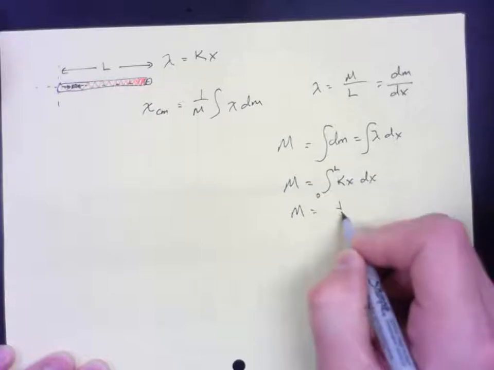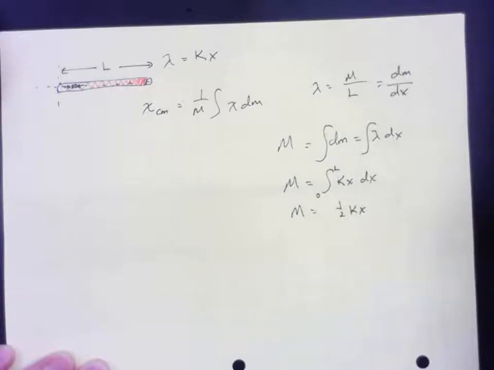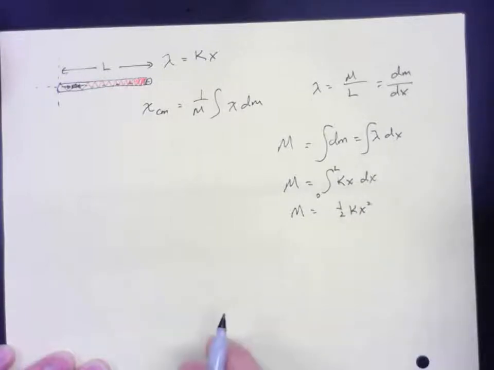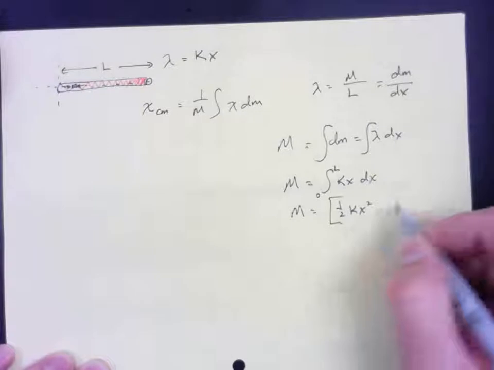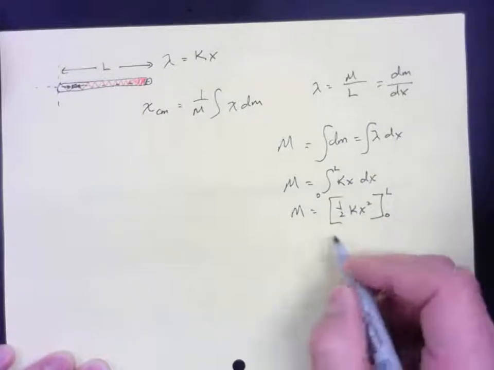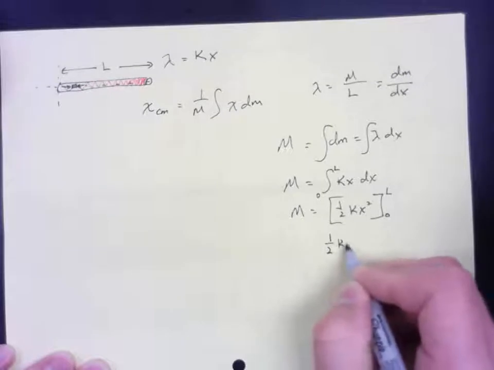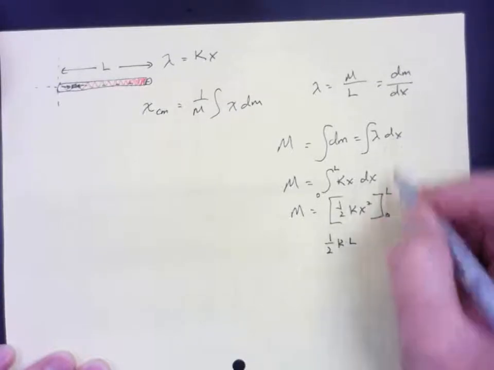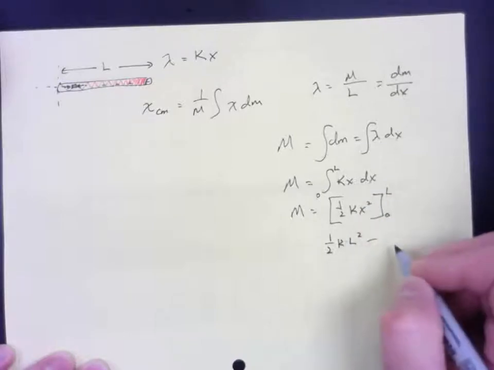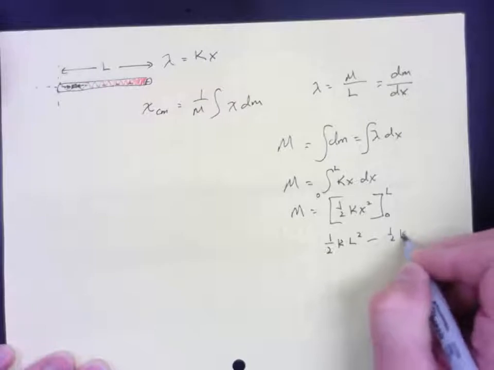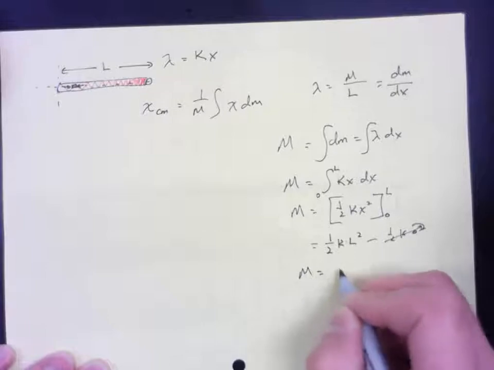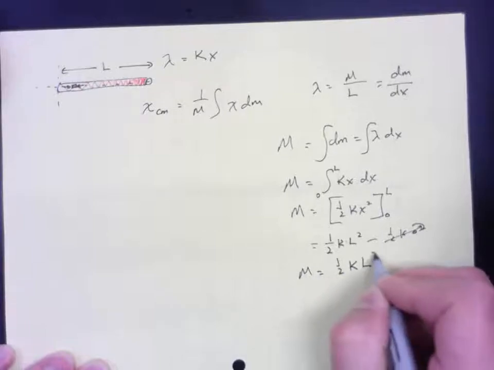So we take the integral function by adding 1 and dividing by it, and then that is going to be evaluated between two limits. Basically it's the final minus the initial. So you plug in the value for the variable, and you plug it minus the value of this variable. So that whole thing is 0, so that the total mass is 1/2 kL squared.